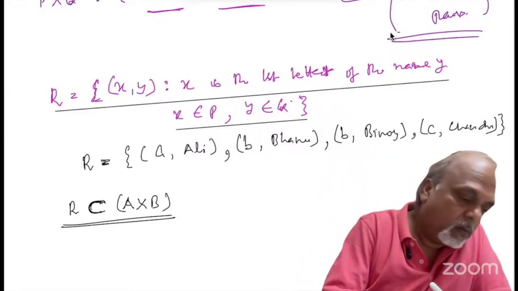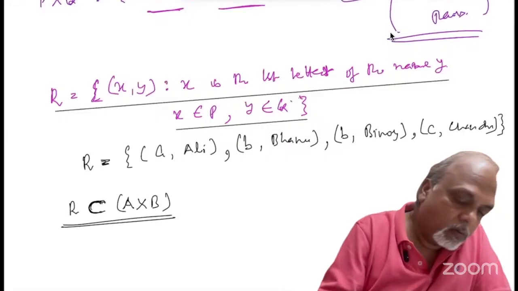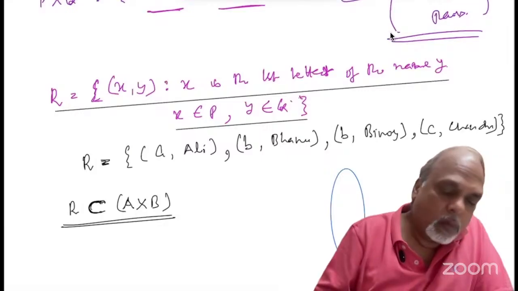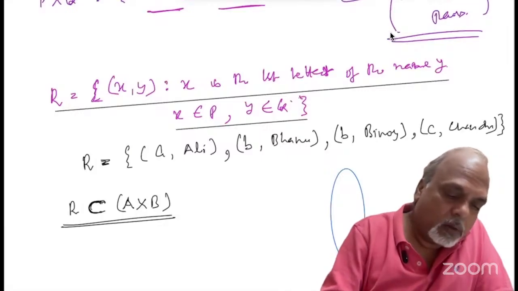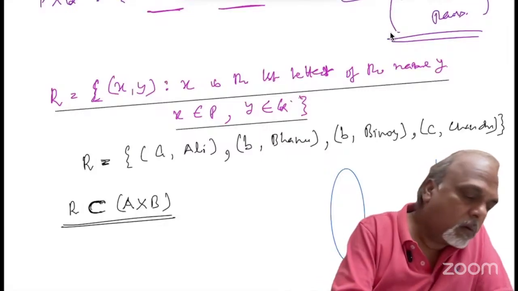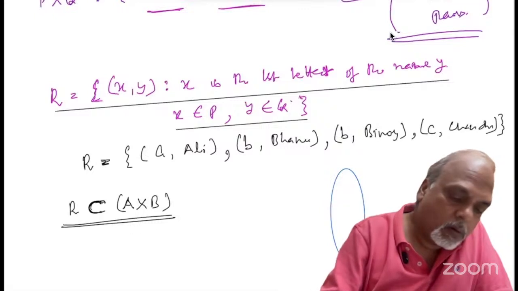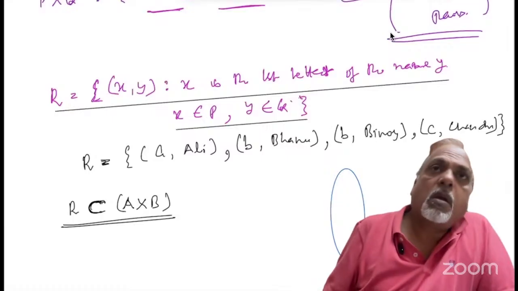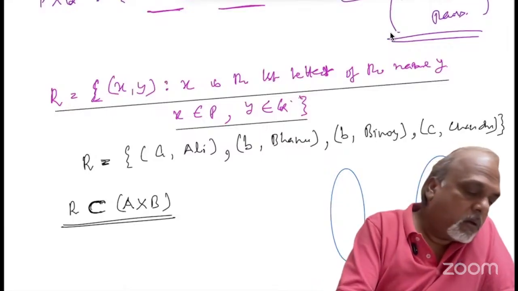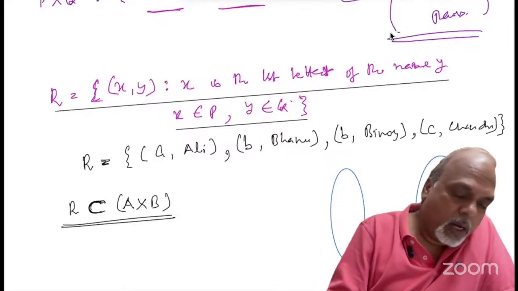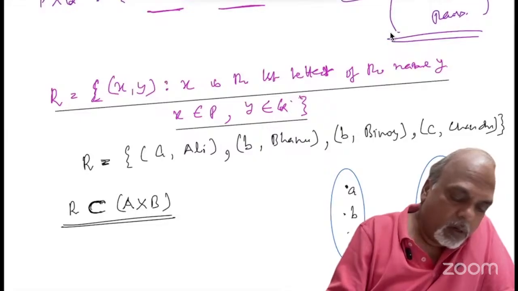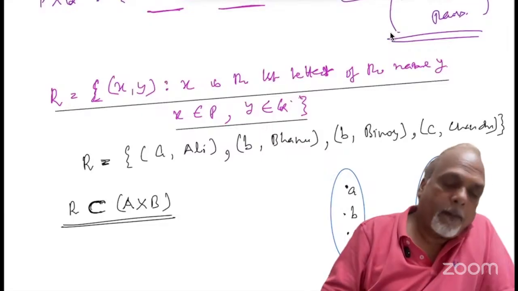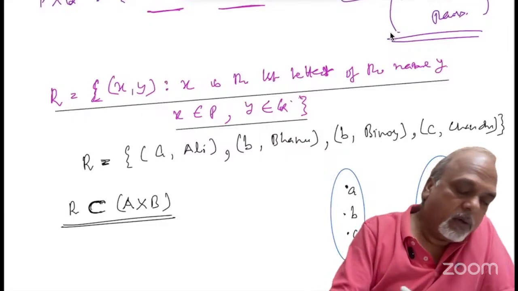let us take this and another one here. What are the elements? A, B, C. Here, what are the elements?